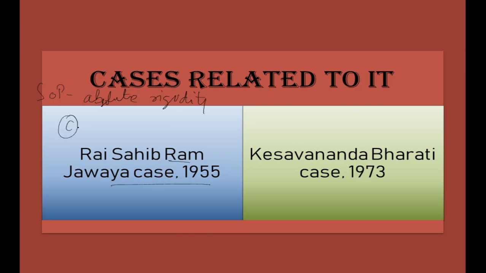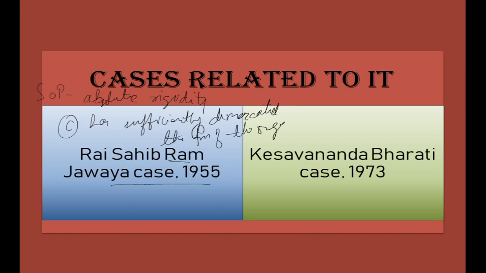Rather, the Constitution has sufficiently demarcated the functions of the organs of state. So basically it is saying that the Constitution has given detailed provisions to demarcate the function of each organ of state. However, separation of power in itself in India is not followed with absolute rigidity. That means it's not watertight for sure.